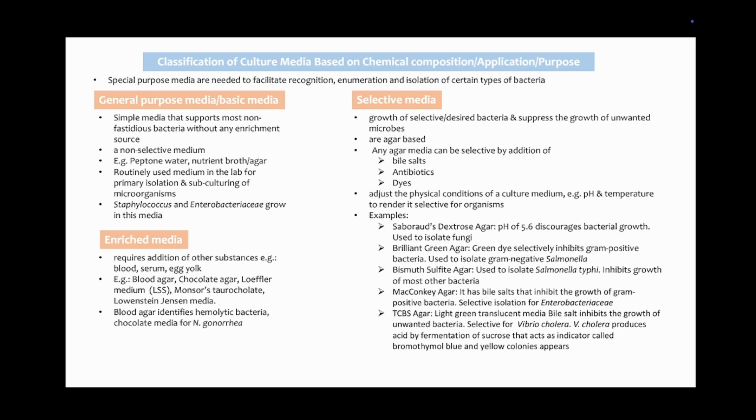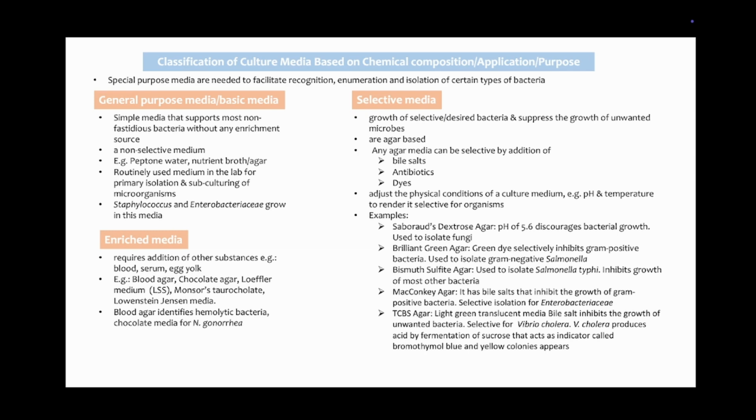For example, for MacConkey, we said bile salts select. It is also differential because it has this combination: it has lactose and phenol red. Lactose means it's trying to differentiate between lactose fermenters and non-lactose fermenters, because the definition of coliform is lactose fermenter with gas.